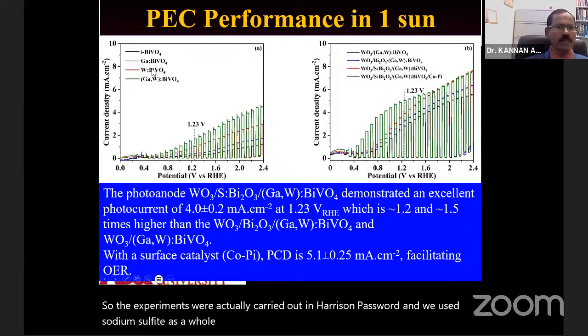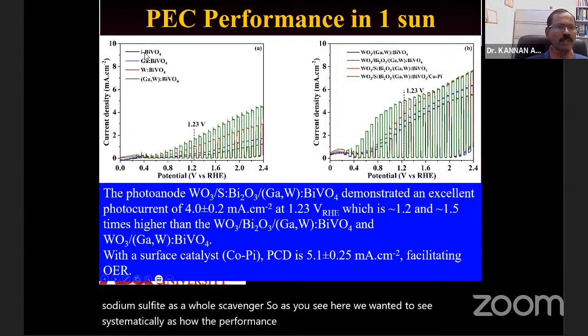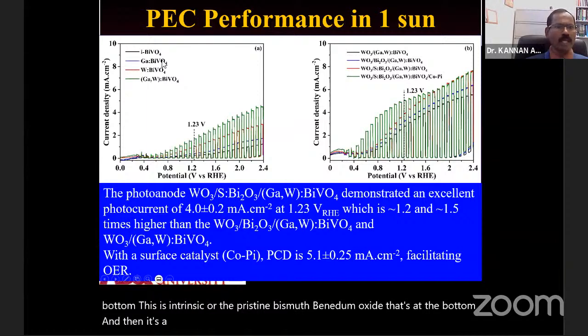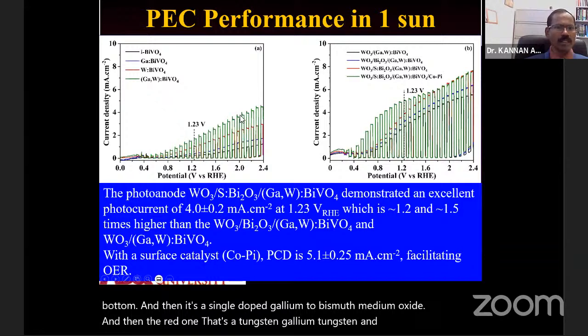As you see here, we wanted to see systematically how the performance enhances. The one at the bottom is intrinsic or pristine bismuth vanadium oxide, and then a single doped, gallium doped bismuth vanadium oxide. And then the red one is tungsten, gallium, tungsten, and then co-doped is in green.